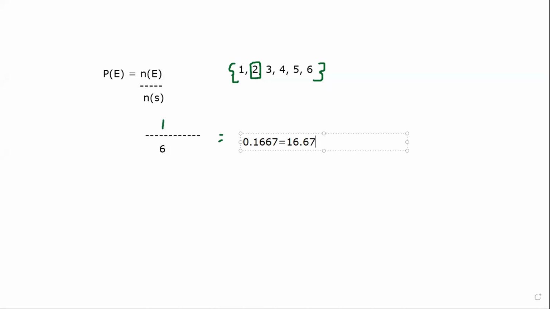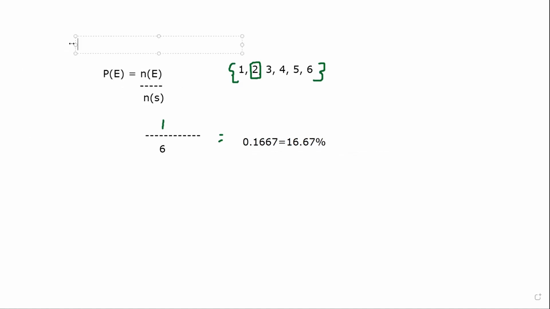She usually specifies 3 or 4 decimal places, depending on the context of the problem she's doing. But that is for the first one, the probability.